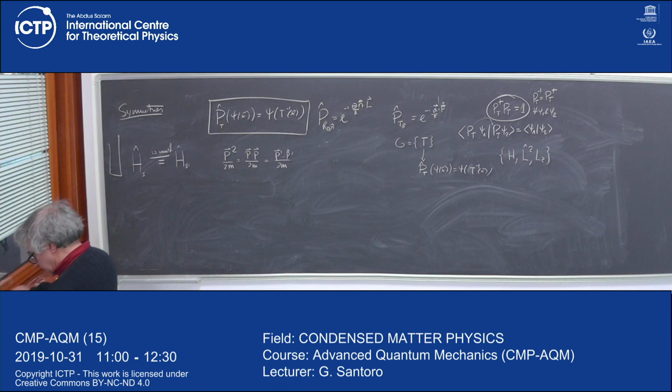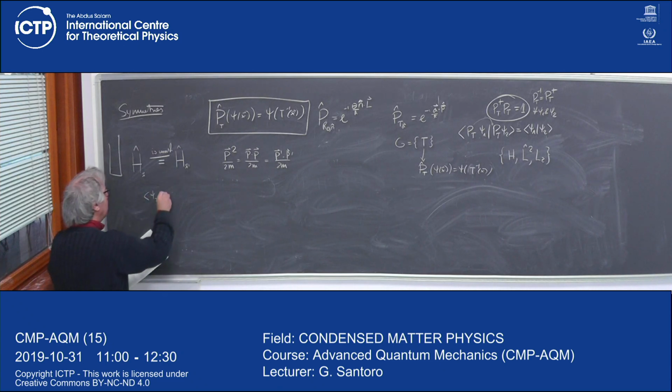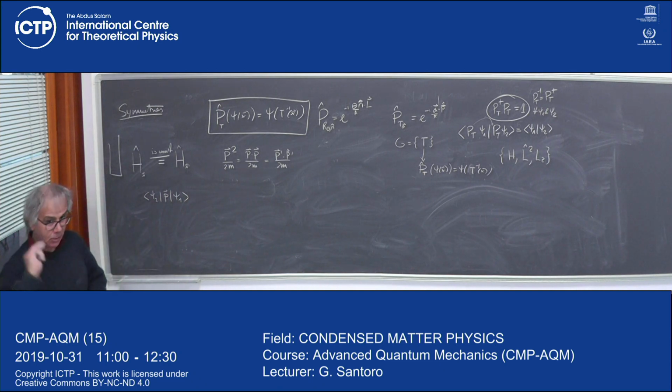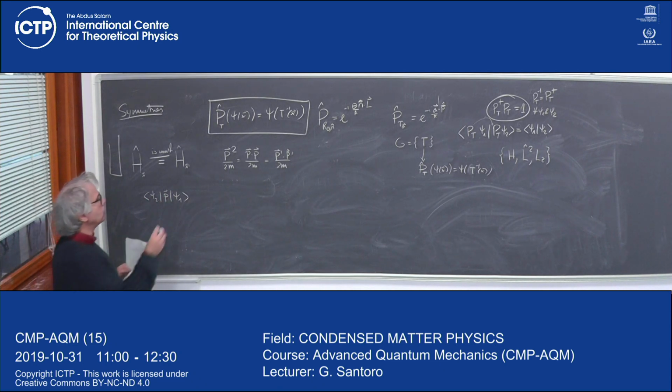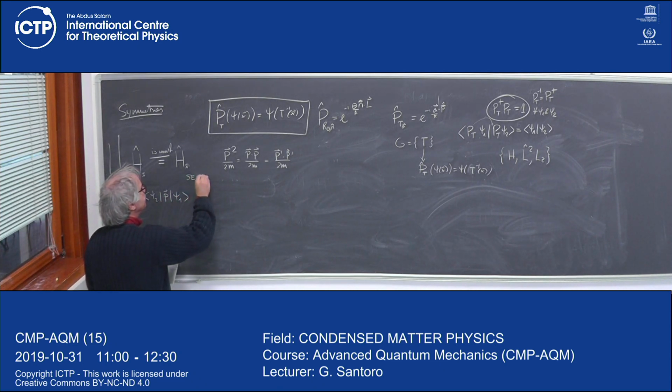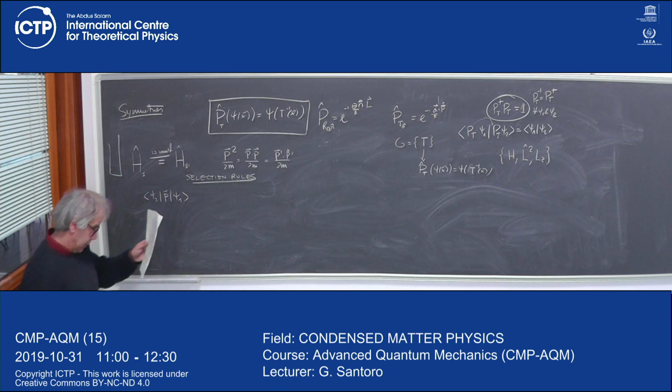For instance, you might need to calculate the momentum operator in between psi 1 and psi 2. Now, there are simple rules to say if this object must be 0 or not. They are called selection rules. And they always use symmetries.